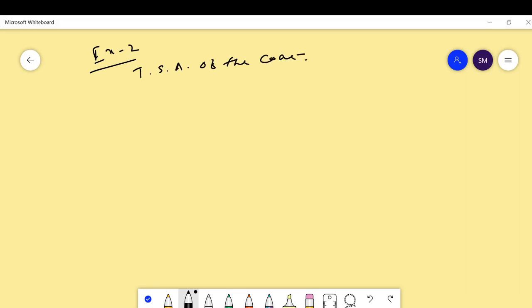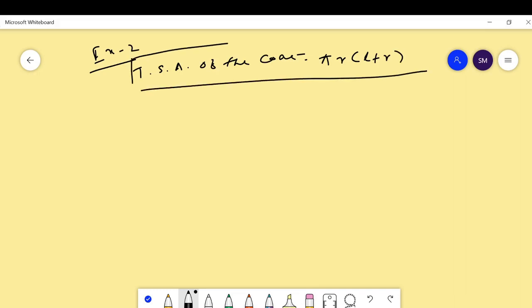The formula for the total surface area of a cone is pi r into L plus R. Here the given slanting height L is equal to 9 meter and base radius R is equal to 12 meter.